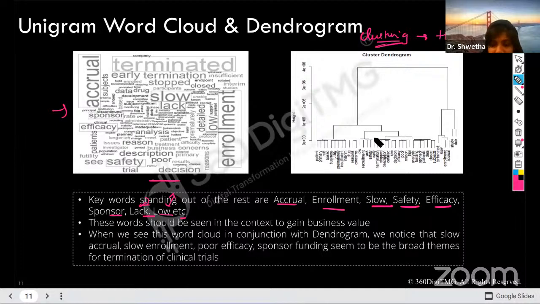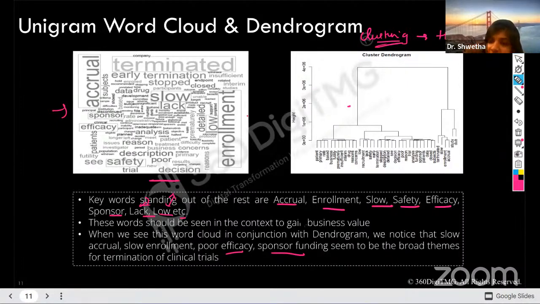Now, you can build a word cloud in conjunction with a dendrogram. By doing that, we can notice that slow enrollment and poor efficacy, sponsor funding seem to be the broad themes for termination of the clinical trials.